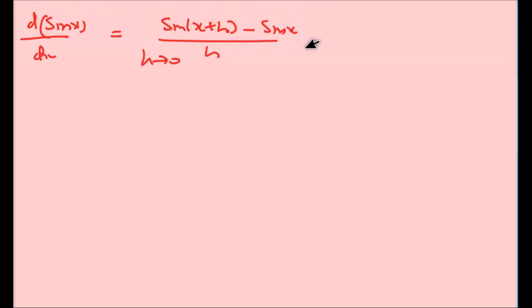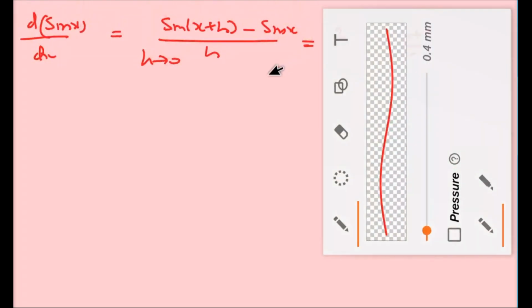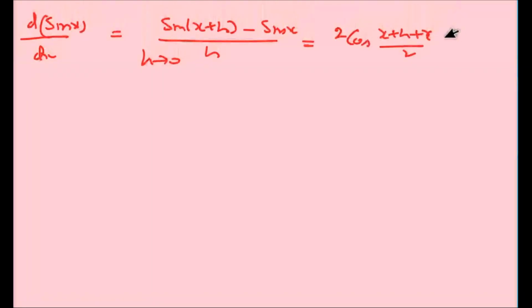d by dx of sin x: sin(x plus h) minus sin x upon h, h tends towards 0. Now using the sin c minus sin d formula, 2 cos((c plus d)/2) sin((c minus d)/2).